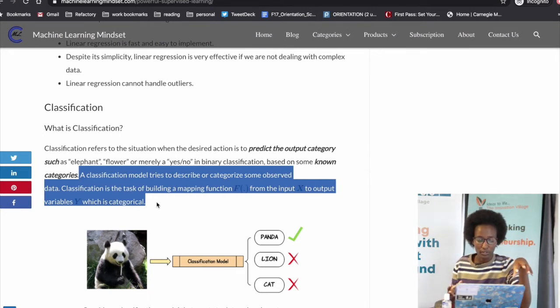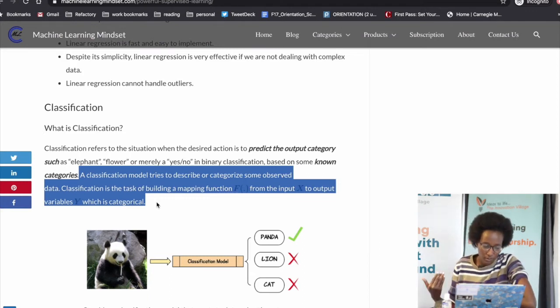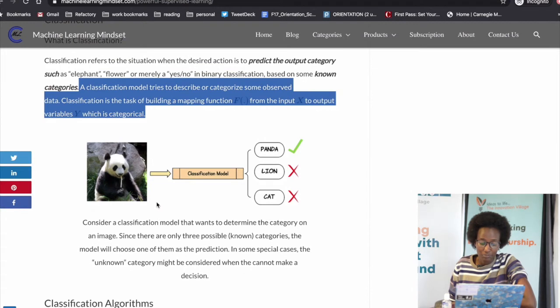What the algorithm does in classification is build a mapping function from the input variables x, the independent variables, to the output variables y, and the output variables are categorical. In this example, our classification model should look at this picture and say, is this a panda, is this a lion, or is it a cat?